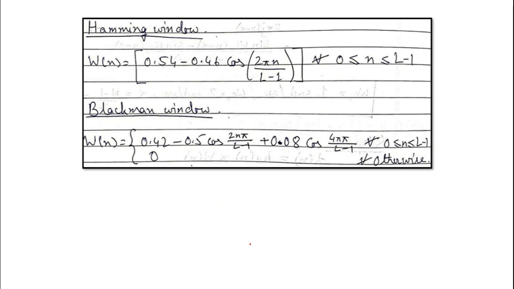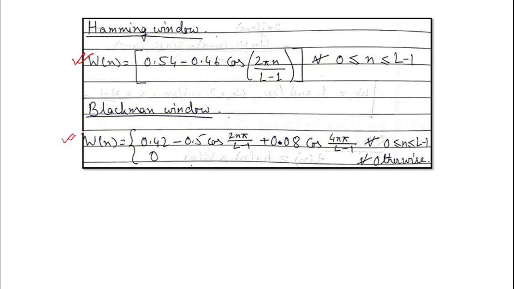Then instead of Hanning window, if I would have given you Hamming window, you would have used this equation. If I would have given Blackman window, you would have used this thing. So for exam purposes, I would ask you to remember these four: rectangular, you don't have to remember anything, it's one.